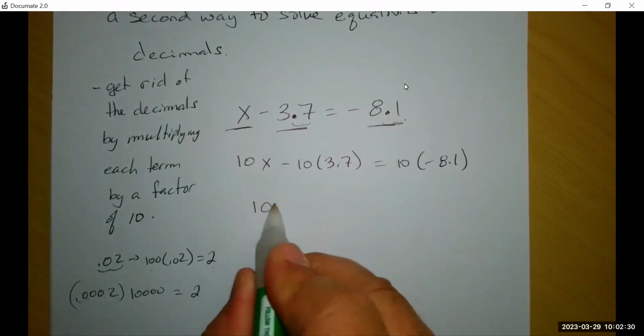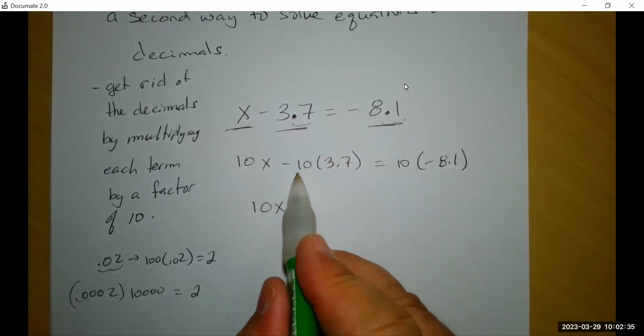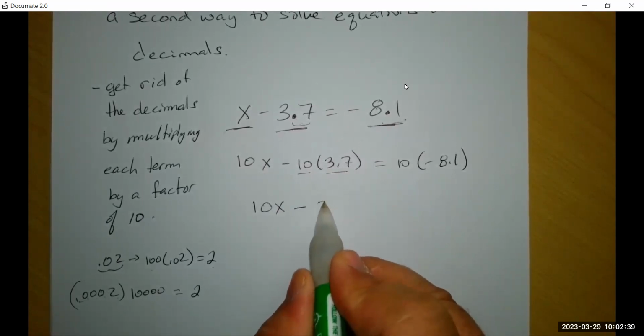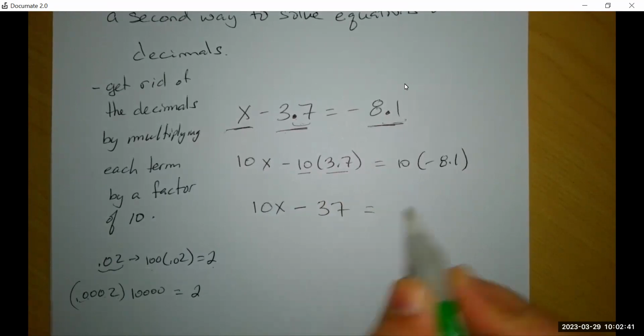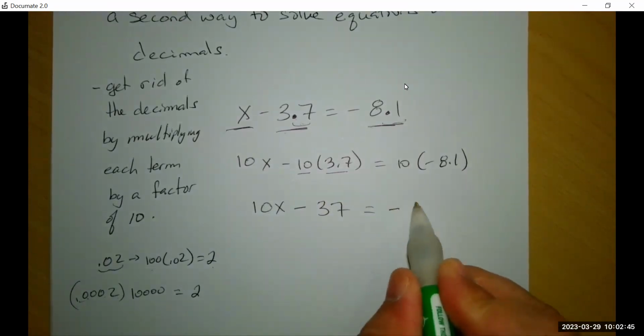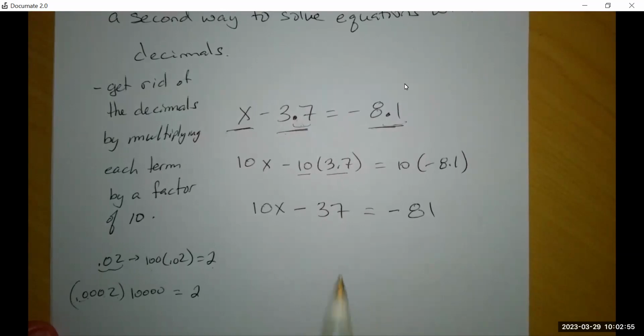So I have 10x minus 10 times 3.7, which is 37, equals 10 times negative 8.1, which is negative 81. So now those decimals are all gone.